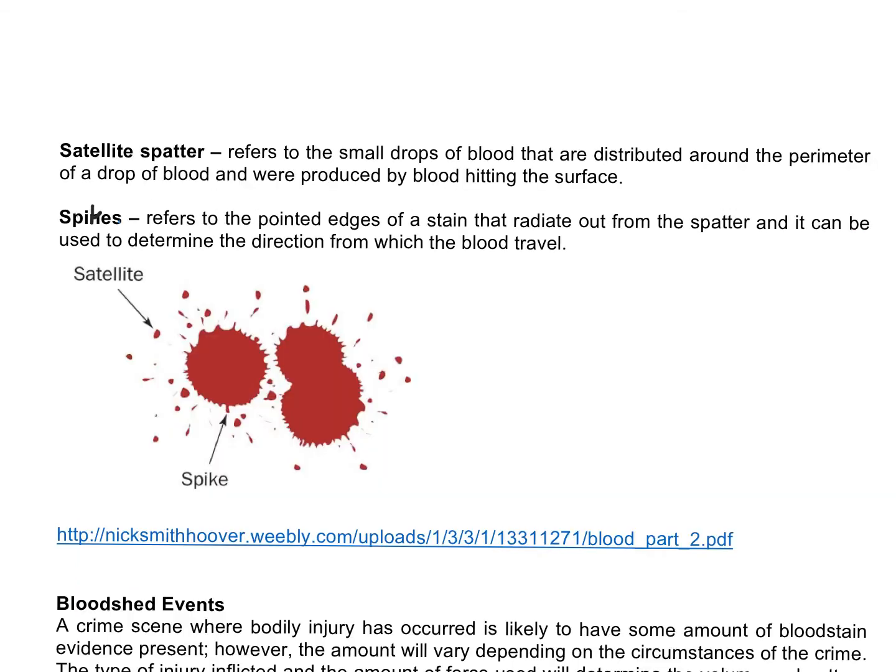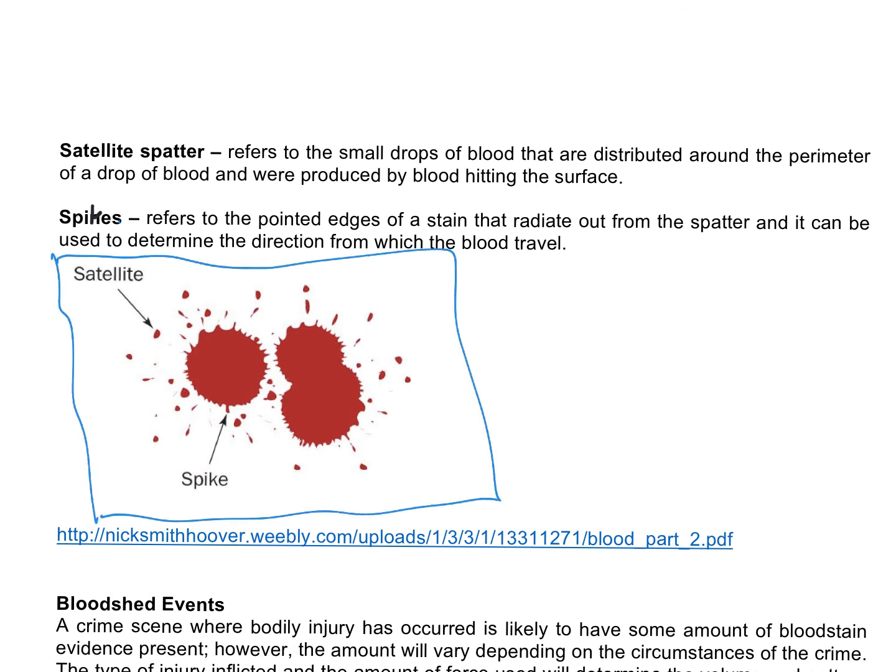Now another projected stain would be the satellite splatter. If you look at this diagram, you'll notice the small drops distributed around the other drops of blood, the parent drop of blood. They are called the satellite splatter because they're all scattered around.